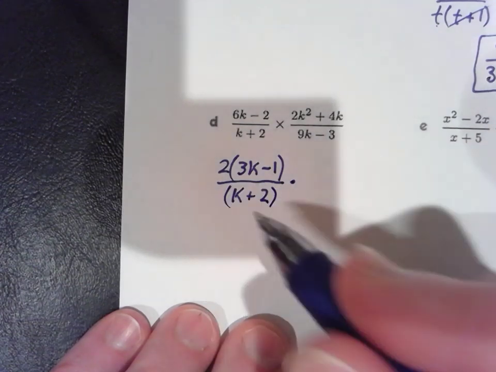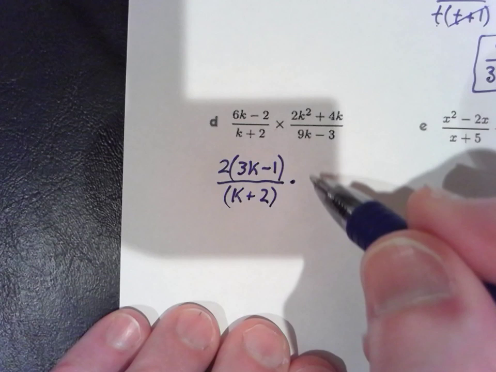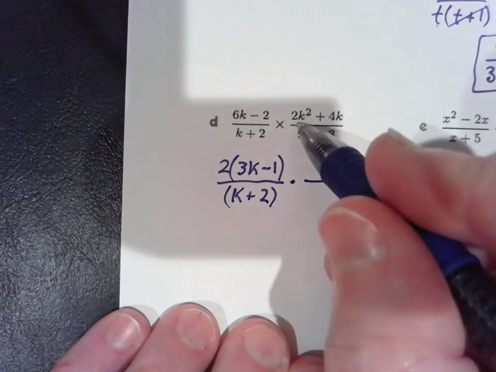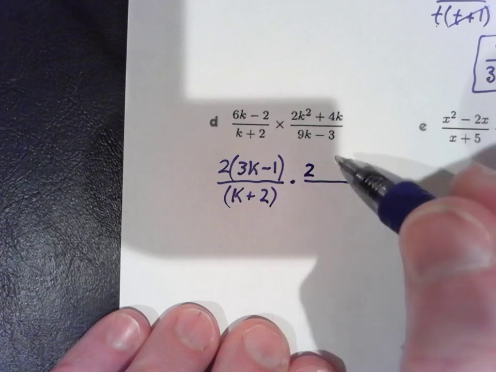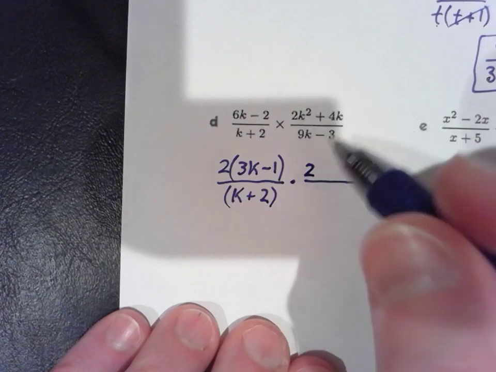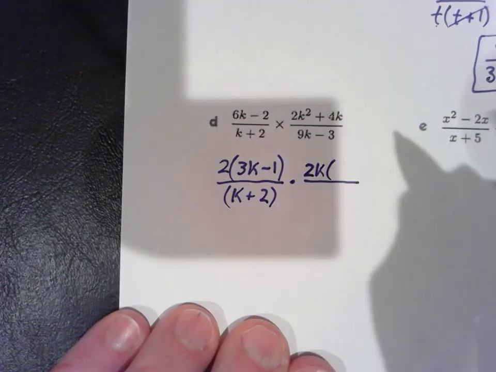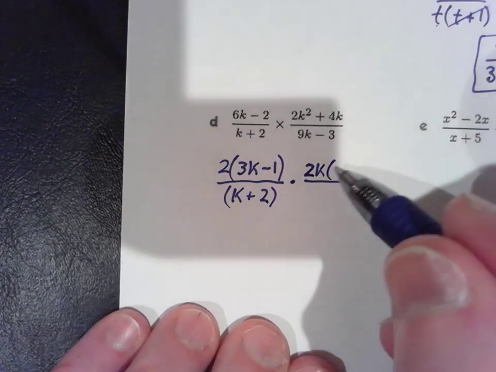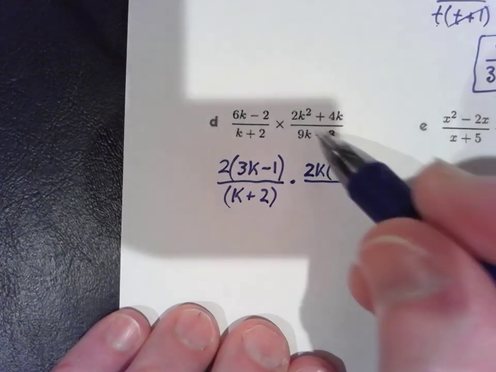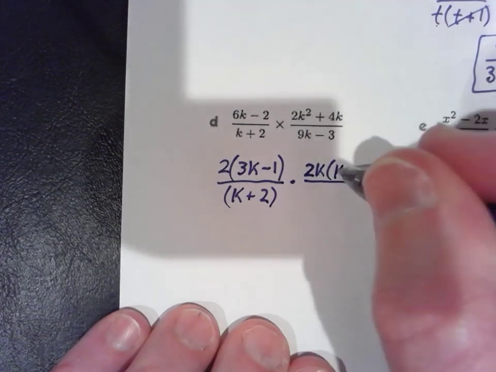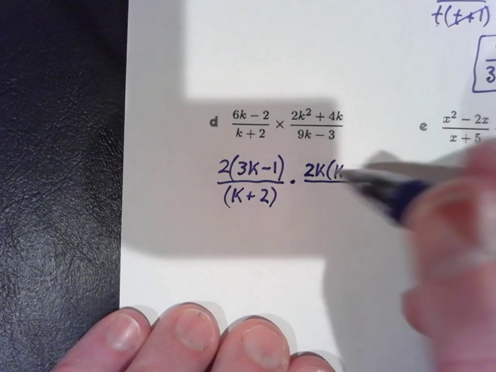The second fraction, 2k squared plus 4k. 2 and 4 can both be divided by 2. K squared and k, they both have a k. So I'm going to pull out 2k. 2 times 1 is 2. K times k is k squared. So 2k times k is 2k squared. 2 times 2 is 4.